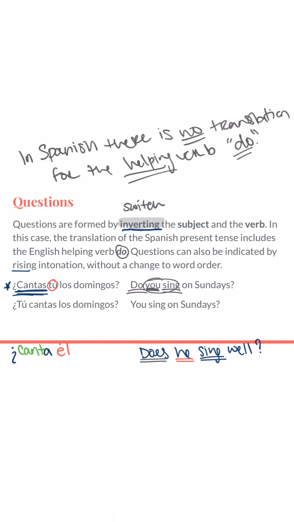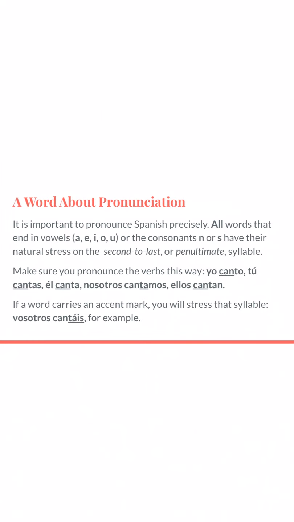So ¿canta él, and then we'll finish out the rest of my sentence with my adverb, which is bien. ¿Canta él bien? Does he sing well? I hope that makes sense. It's a little funny at first, but I promise, with more practice, you'll be doing this like a pro in no time.